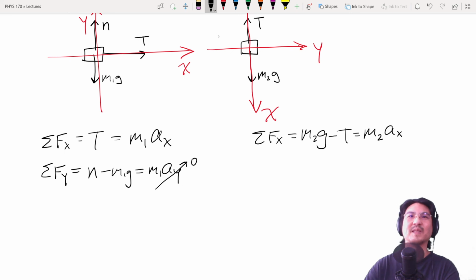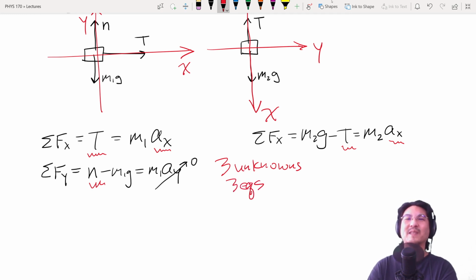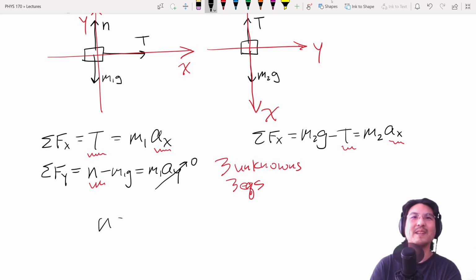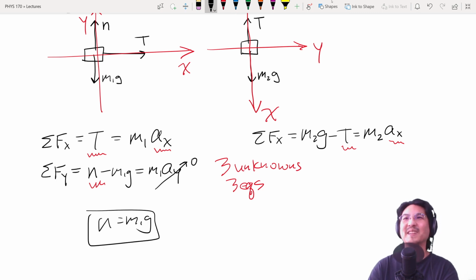Okay, so let's say we know the mass of the 2 blocks. So what's left that's unknown? We don't know this, we don't know that, this. Okay, so there are 3 unknowns. But we have 3 equations, which means you can solve for all 3. So, for example, we can solve this immediately. So that was easy. Now what about the other 2?